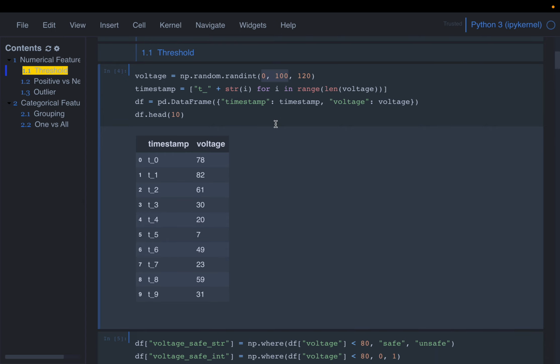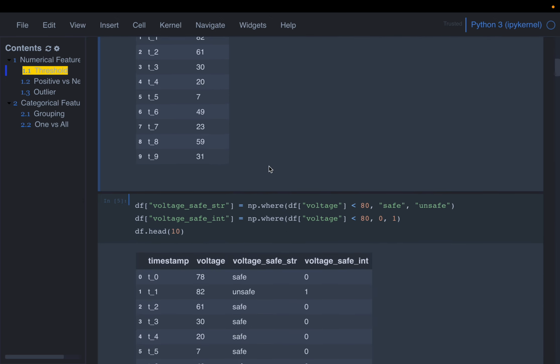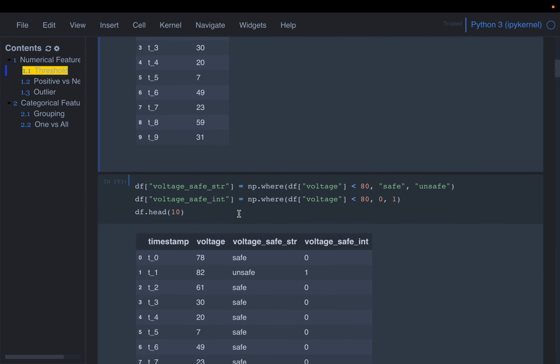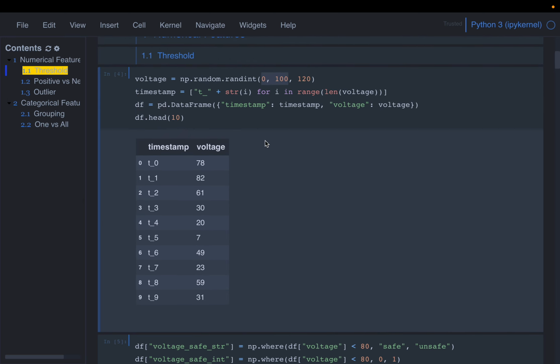Now, let's say we discussed with the field engineer, and this machine has some range where it is considered to be operating under safe conditions. The engineer has told us that the voltage should always be below 80 volts.